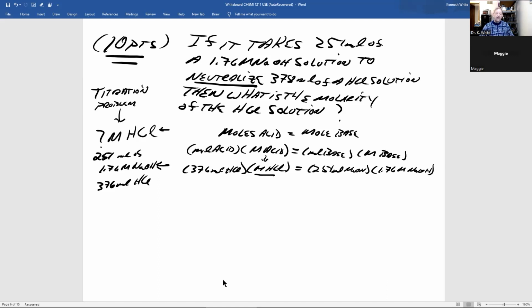How do we get it alone on one side? Anything divided by itself equals the number 1. Therefore, to get rid of this, because I want this alone on one side, I'll divide by that.